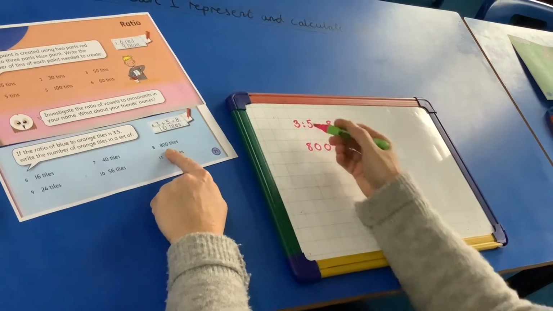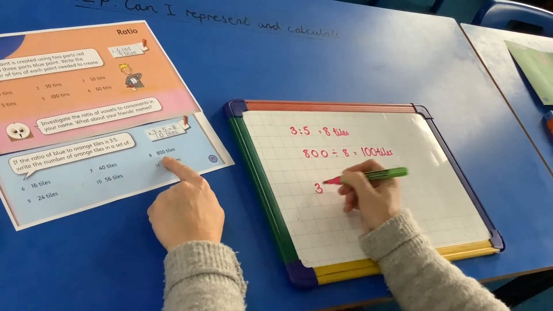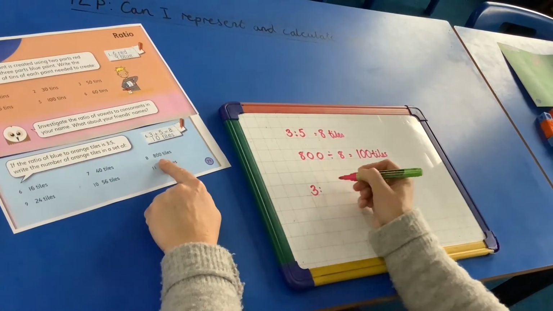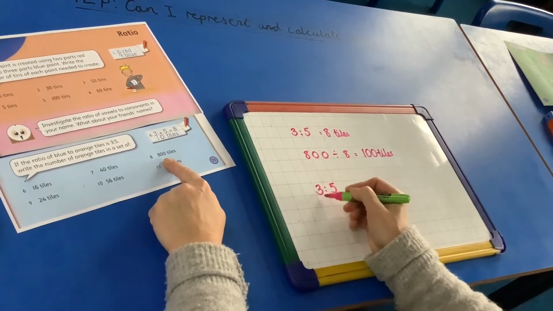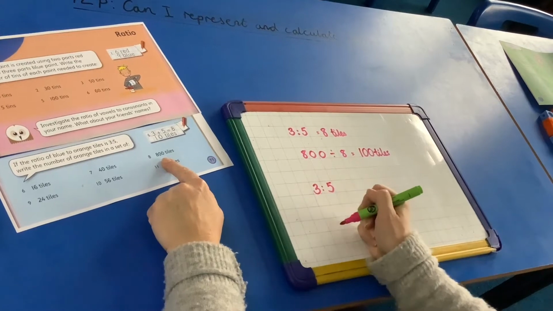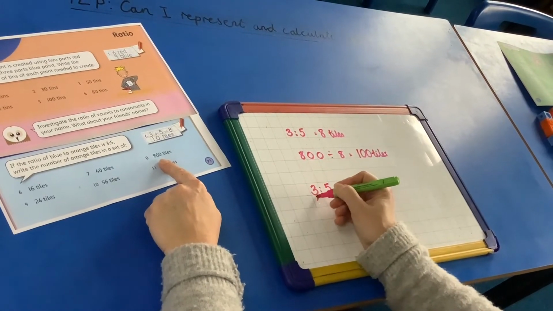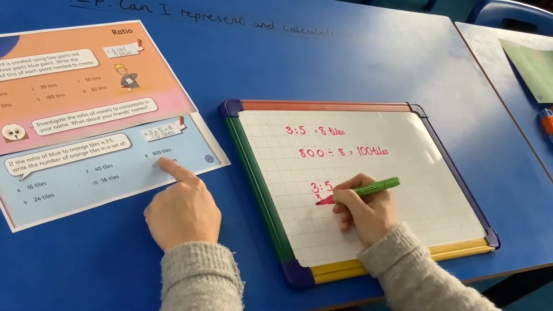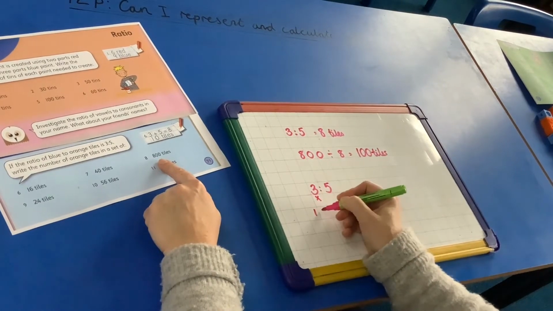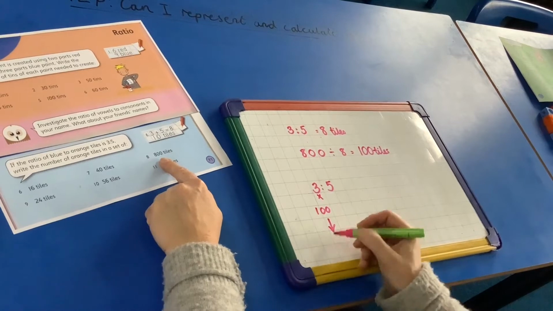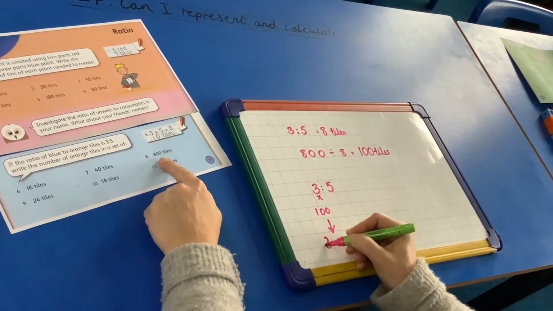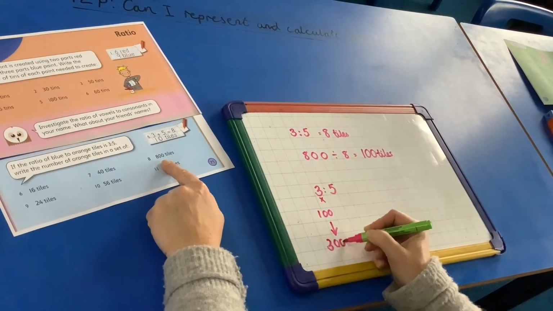So if I go back to my ratio, orange tiles to blue tiles, if I want to know how many 3 is worth, remember one of them is worth 100. So look, if I just times it by the 100, that will tell me that that comes to 300 tiles.